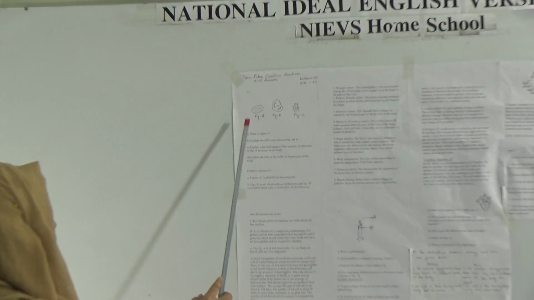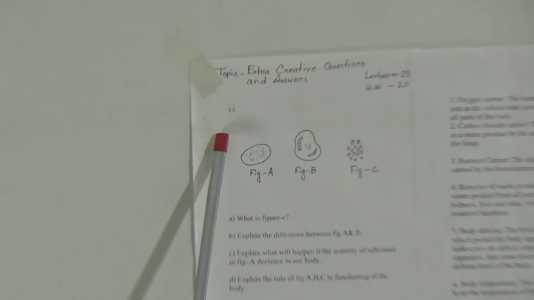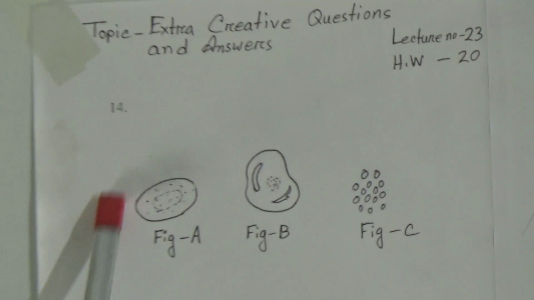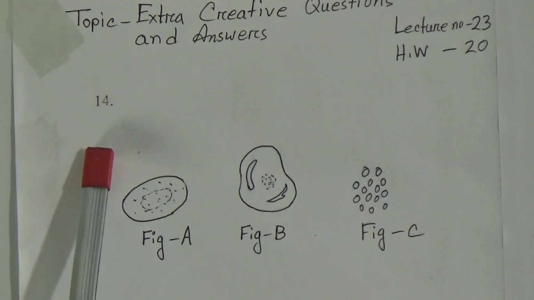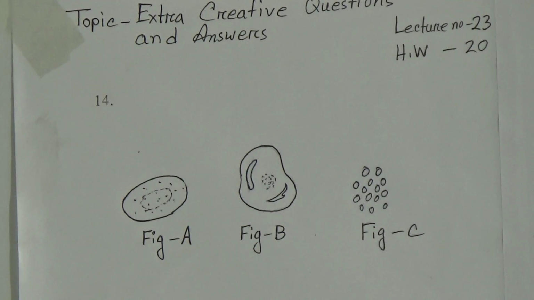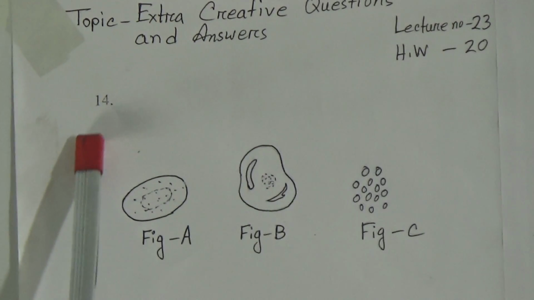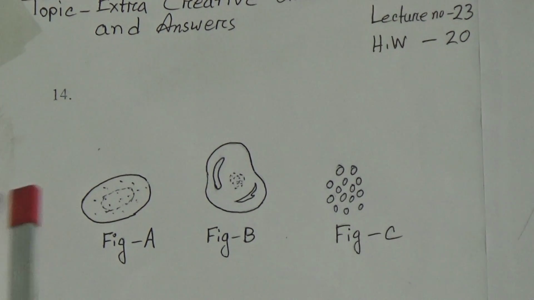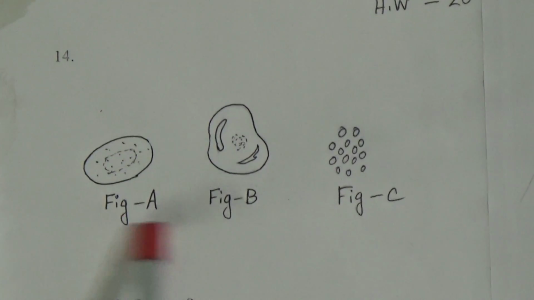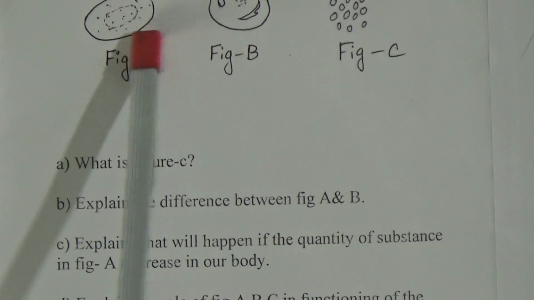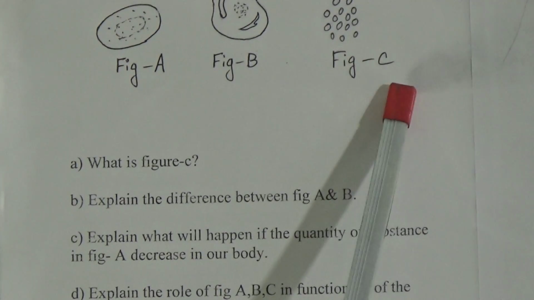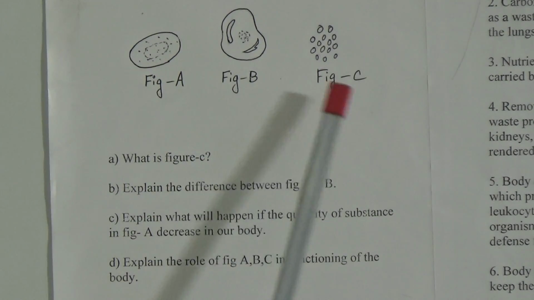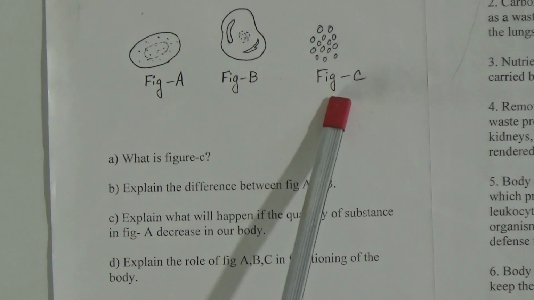Here are the 14 number creative questions, and these are based on our suggestion. We have already provided you suggestions. Here is a stem. You can see three figures: A, B and figure C. A number question is, what is figure C?